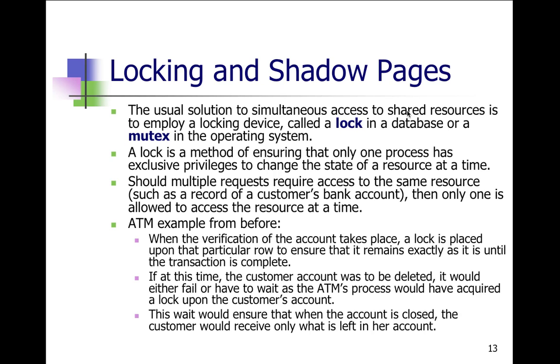It locks it, so you can't trick the system into taking the same money out twice. Should multiple requests require access to the same resource, such as a record of a customer's bank account, then only one is allowed to access the resource at a time.